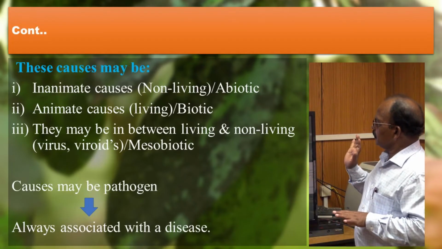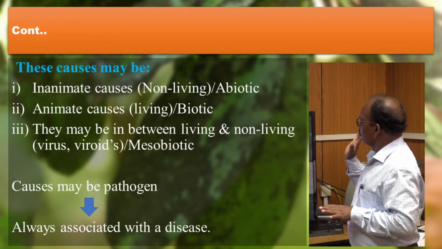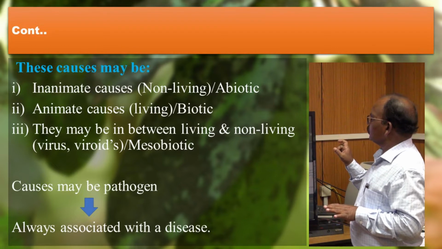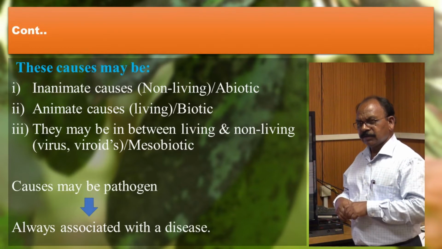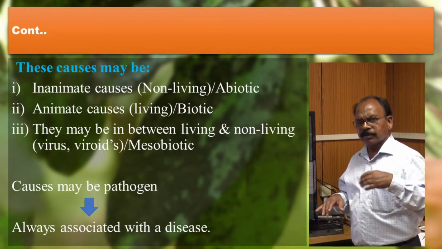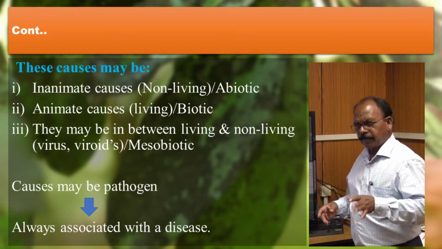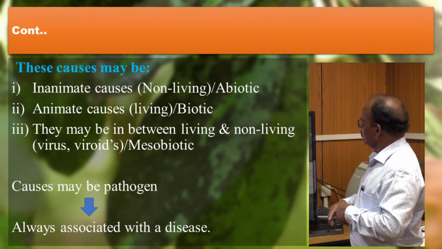And the second cause is animate causes, also called biotic causes or biotic factors. These biotic causes include living things, that means prokaryotes and eukaryotes. Under prokaryotes, phytoplasma, spiroplasma and true bacteria.